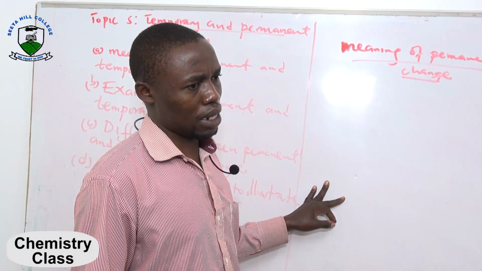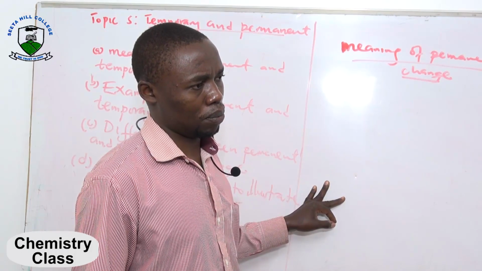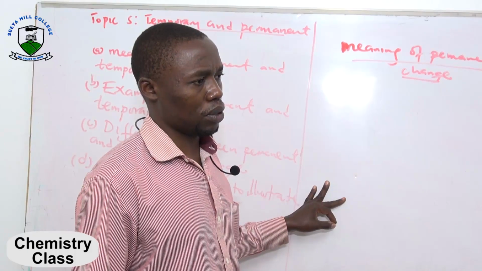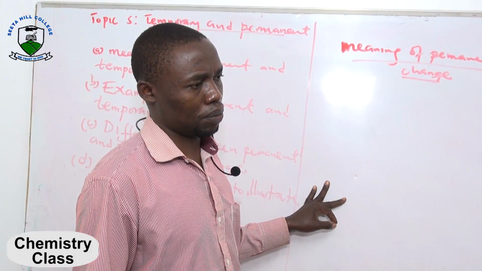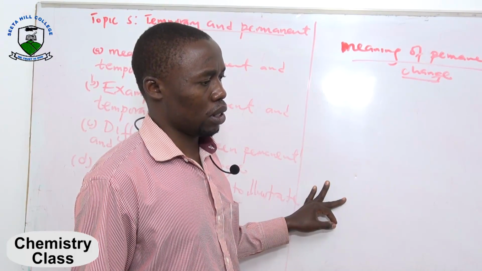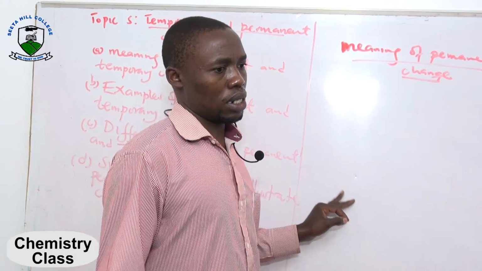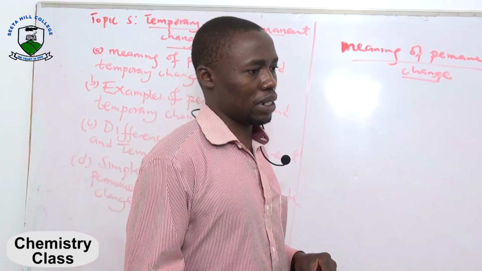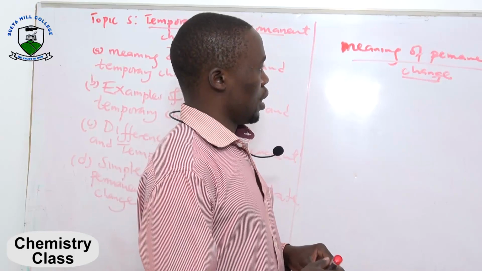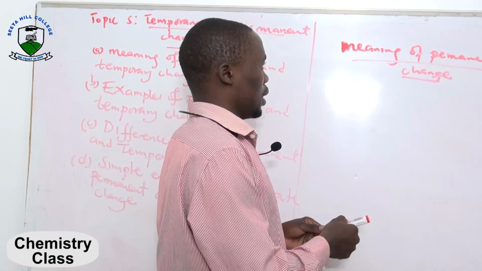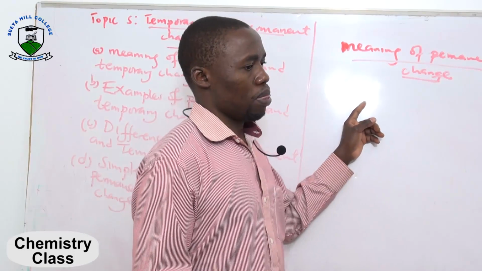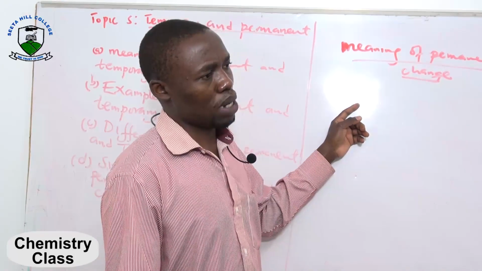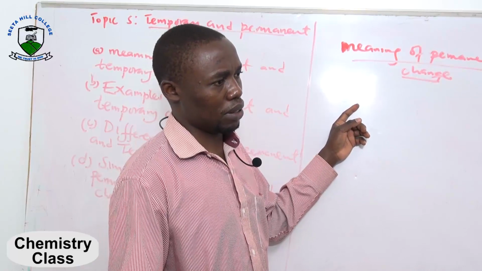The changes in terms of mass, in terms of structures, in terms of reversibility. That means discuss what happens to a paper when it's burnt in terms of mass and reversibility.